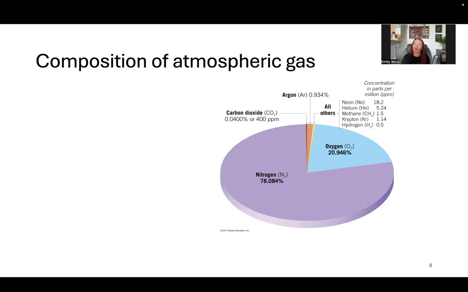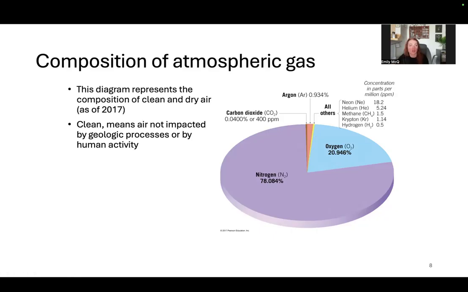Nitrogen is actually the predominant gas in our atmosphere, and it makes up about 78% of the atmosphere. Oxygen comes in next at about 21%. Then argon, carbon dioxide is this tiny little sliver here, and then a bunch of others. There's a whole bunch of other components of the atmosphere.